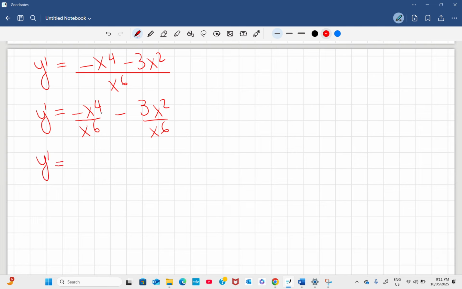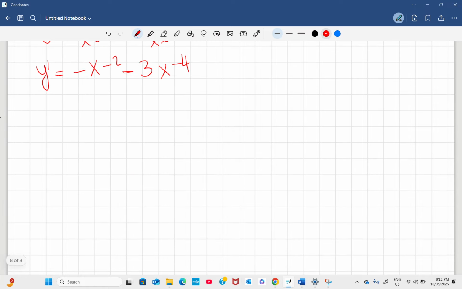Because I need to fix the powers. So 4 minus 6, whenever I have two powers divided by each other, I subtract them. So it's going to be negative x to the power of 4 minus 6, which is negative 2, minus 3 stays the same, x squared over x to the power of 6, so x to the power of 2 minus 6, which is going to give me x to the power of negative 4.